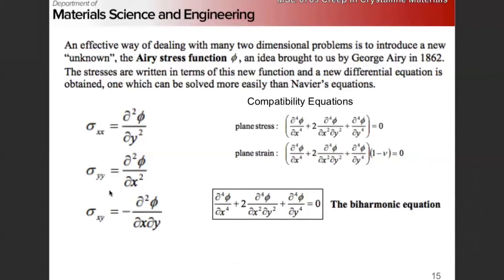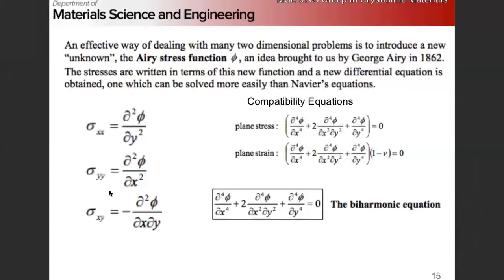And I decided to take an opportunity to detour into some classic theory of elasticity, because to derive those, we need to introduce something called the Airy stress function. Basically, the idea behind this is just a change of variables that allows us to solve the stress equilibrium and strain compatibility on arbitrary boundary conditions a little easier.